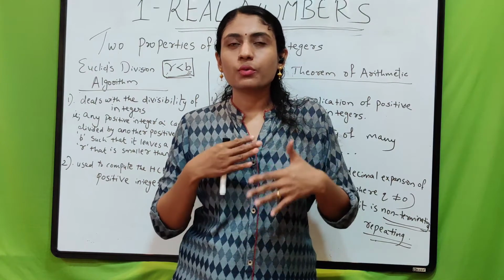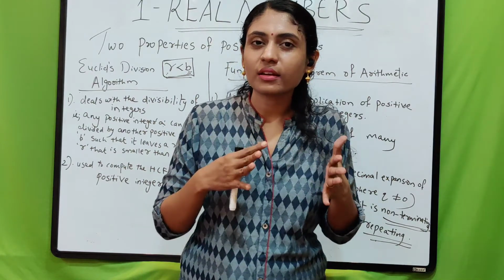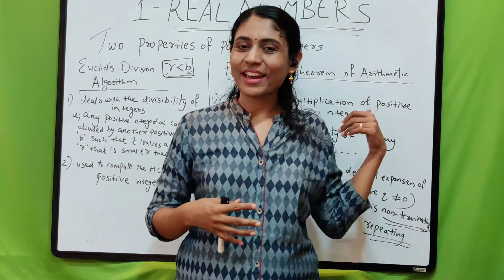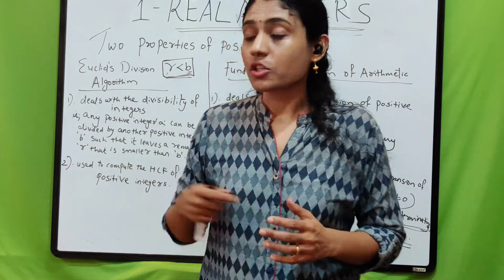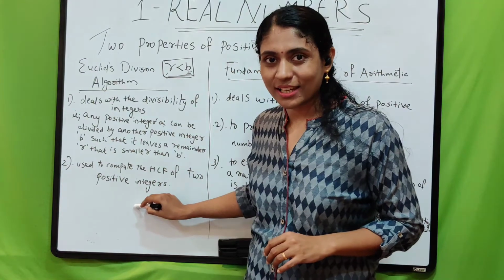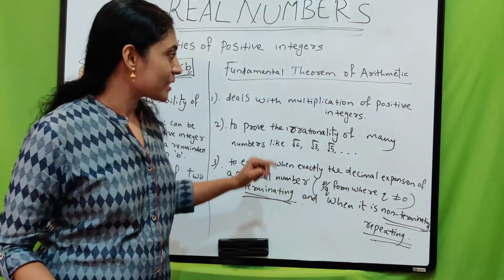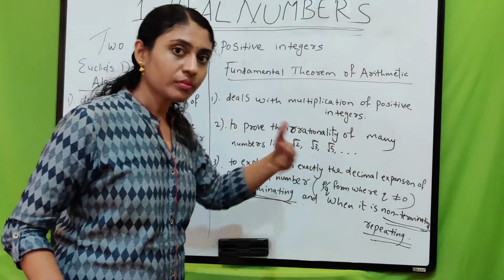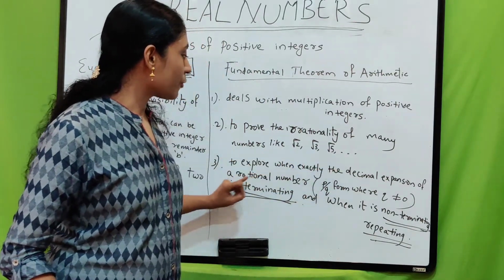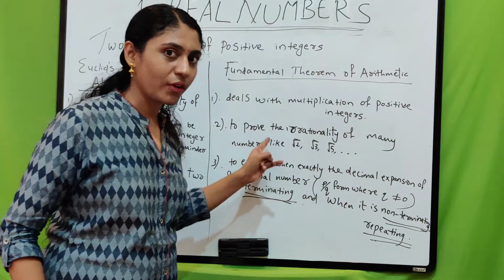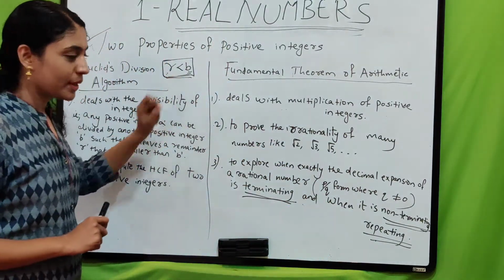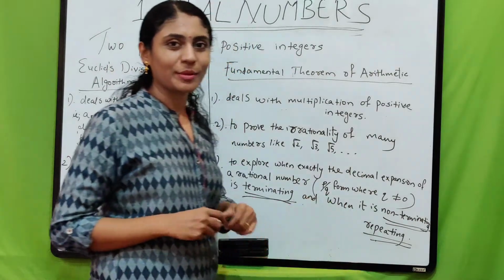And to find when the decimal expansion of a rational number is terminating or non-terminating repeating, we also use the fundamental theorem of arithmetic. So remember, r is less than b, and the words terminating and non-terminating repeating.